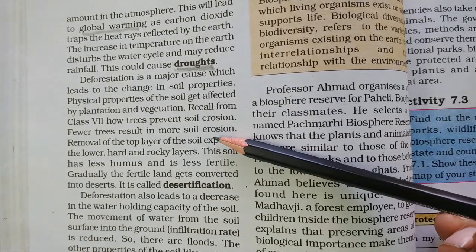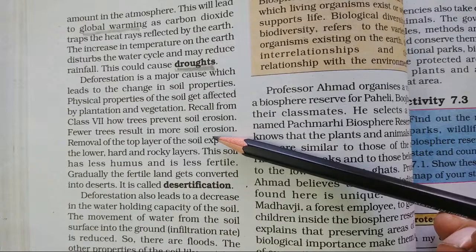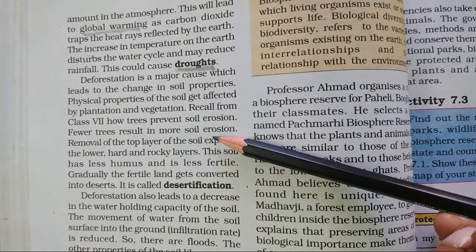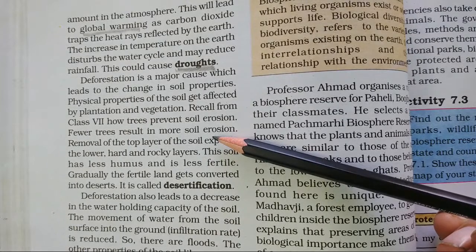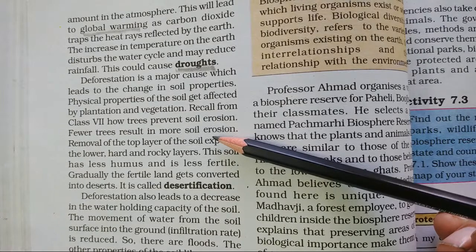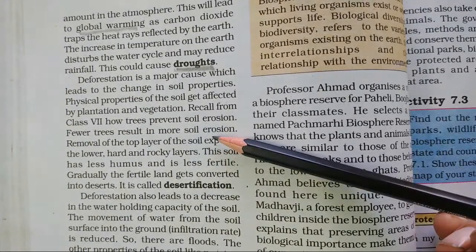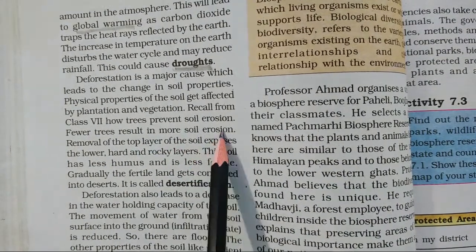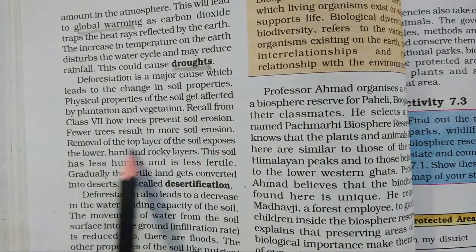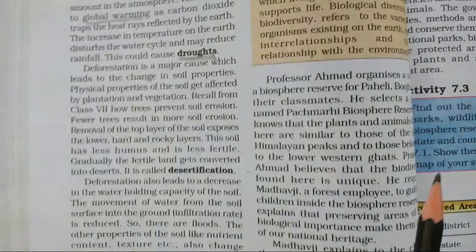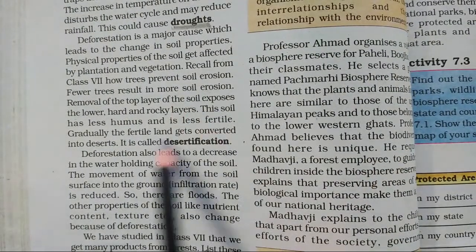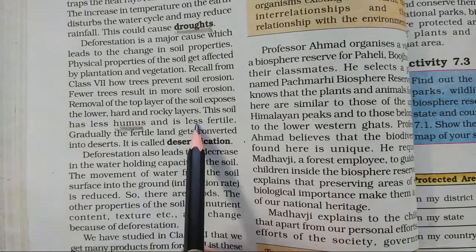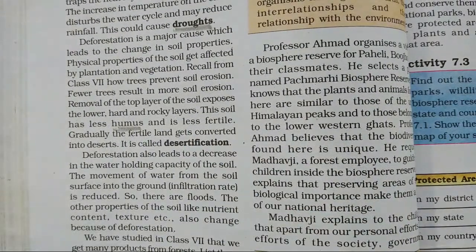So all the water will flow above the soil, and the nutritious, fertile soil at the top layer will be washed away with the rain, and therefore the soil will lose important nutrition. Few trees will result in soil erosion. This is the removal of the topsoil, and it will expose the lower layer of the soil, which has less humus, and it will slowly become less fertile, and it will cause the making of deserts.